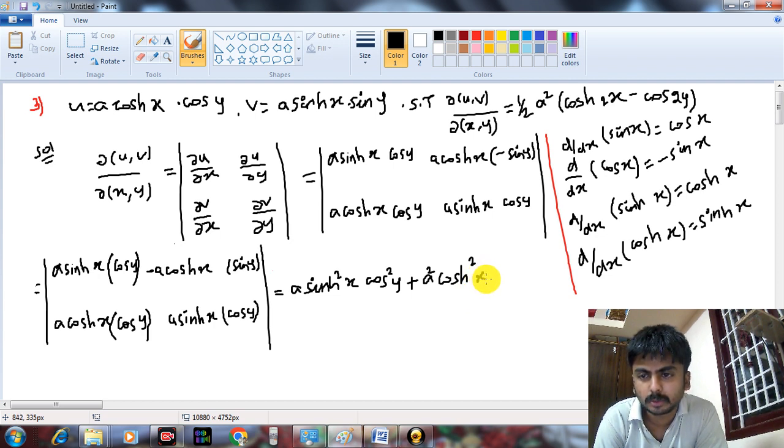x into here given, with respect to x, then v with respect to, so this is wrong, v with respect to x. V with respect to x means here we have done some mistake, it is sin y.